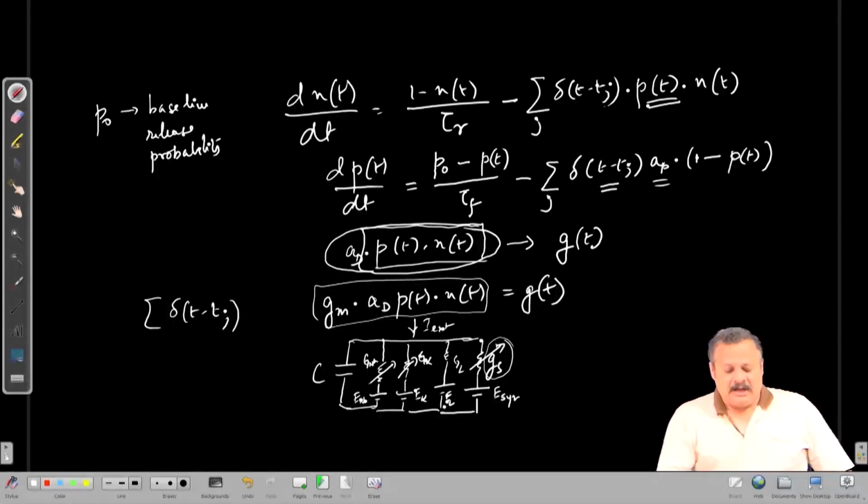So with this AP or the jump in the probability of release, we have achieved the facilitation part, and we have also shown that with the same model we can do depression. Whatever we have so far can still be modified further to bring in the 3-state model and still show facilitation.